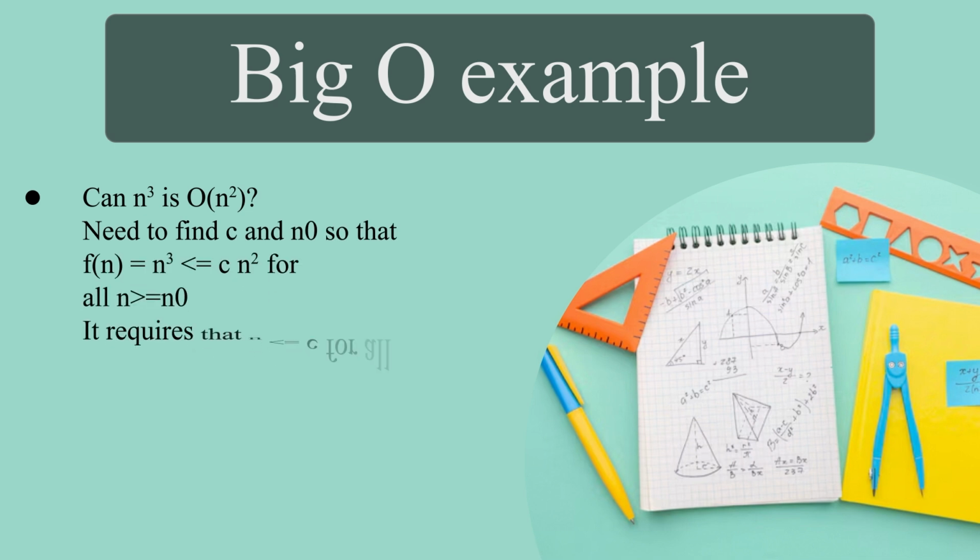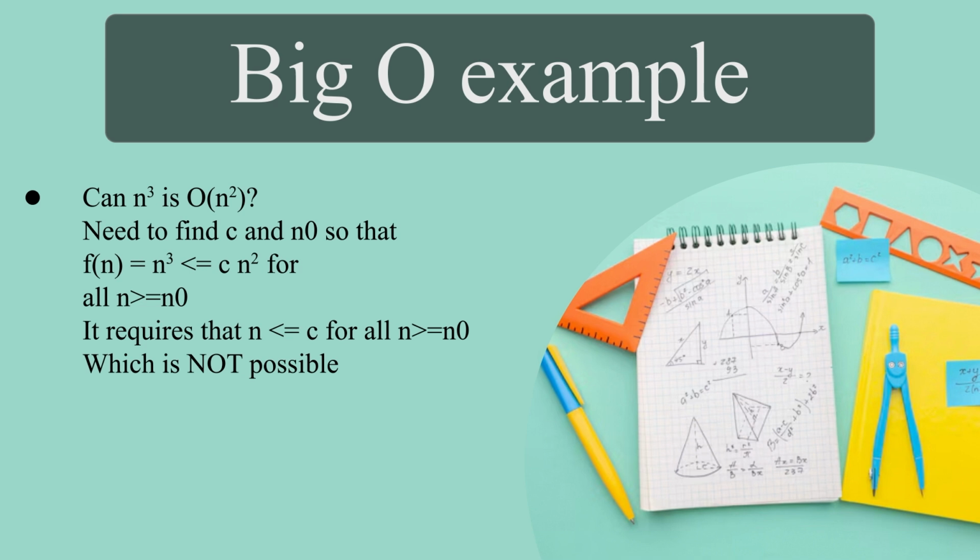Now another interesting example is, can n cube be order n square? Can we say that? Well, you need to find C and N0 so that Fn equals n cube is less than or equal to Cn square for all n greater than or equal to N0. Now what does it require?